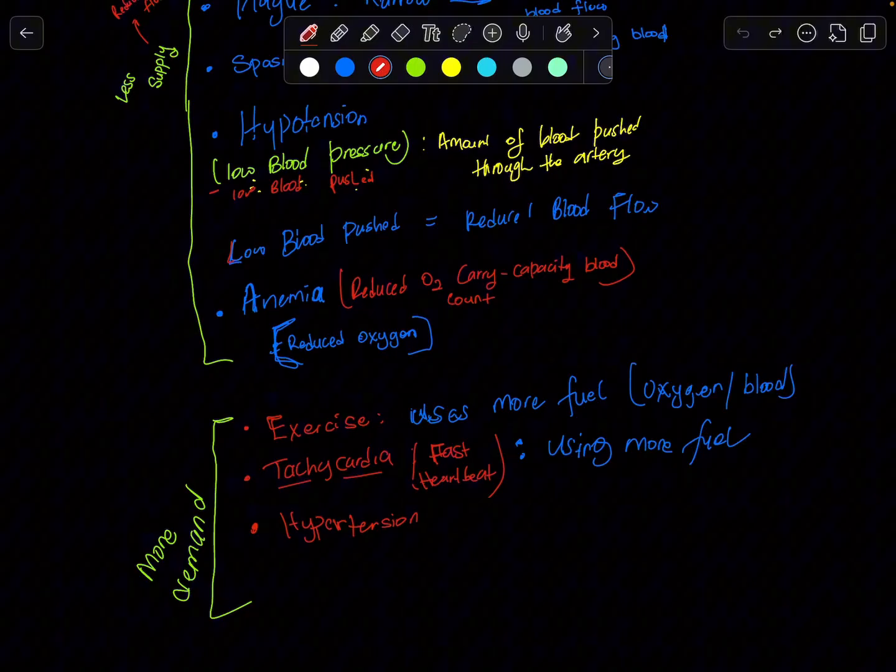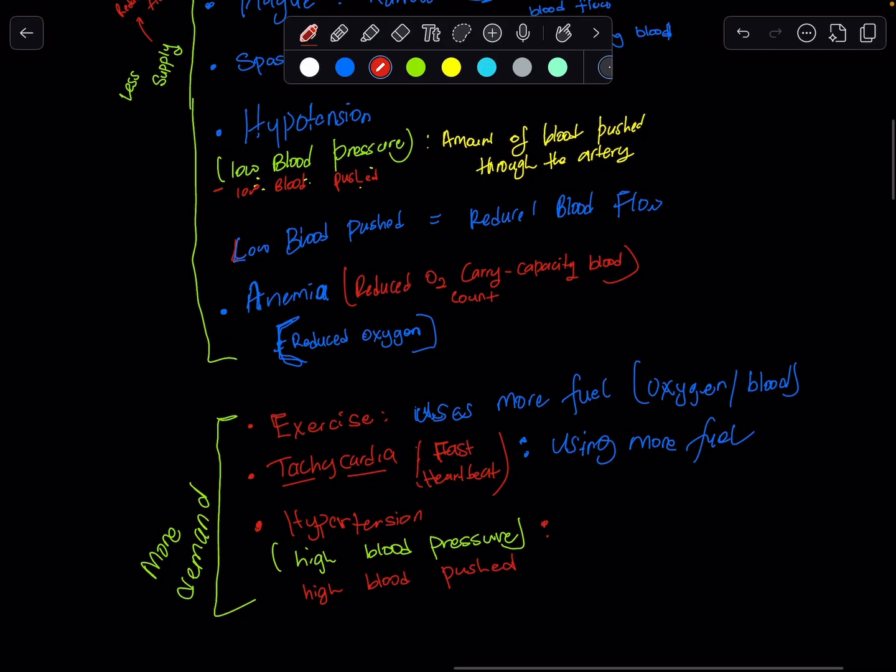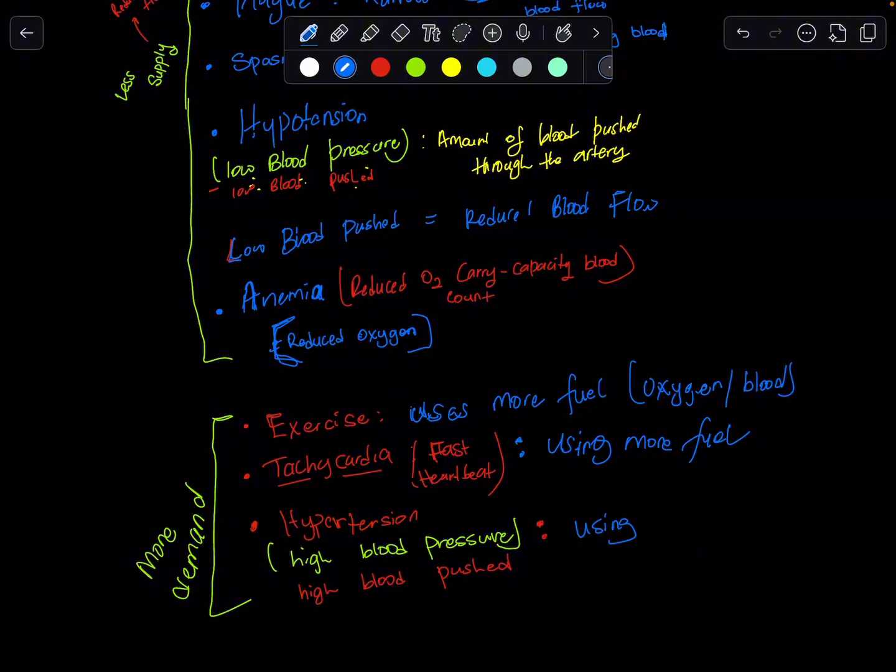So what does that mean? That means you're using up the fuel as well, right? High blood push. See? That's pretty much it.